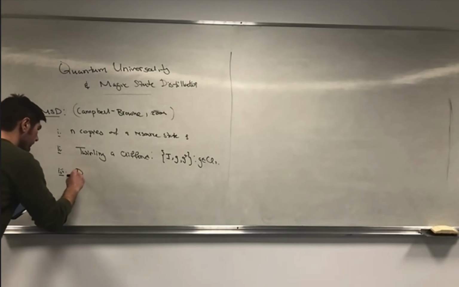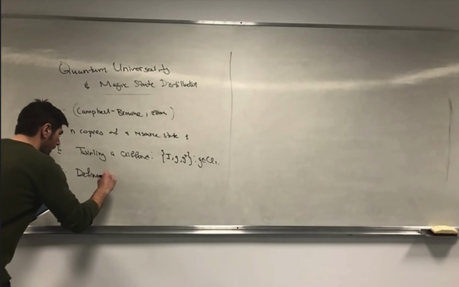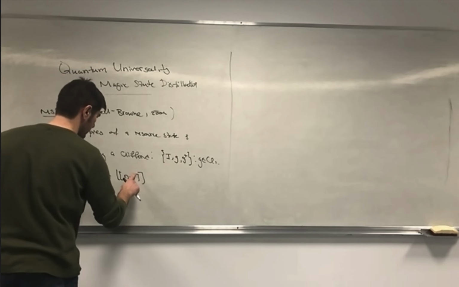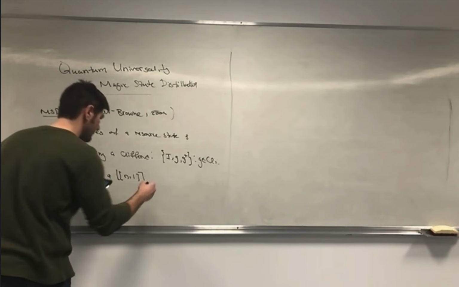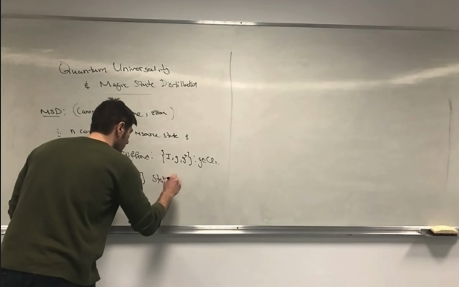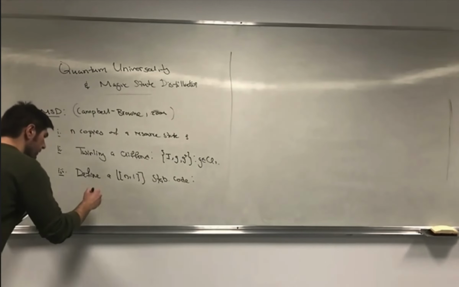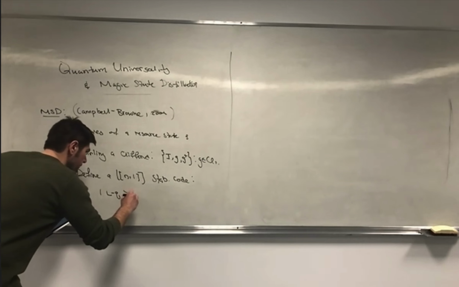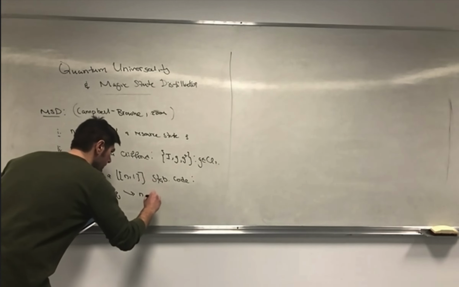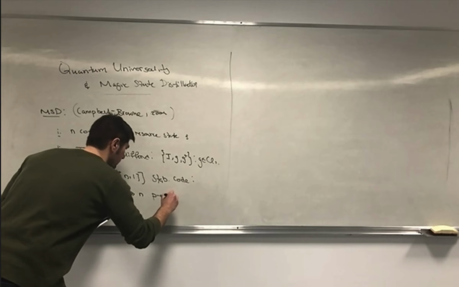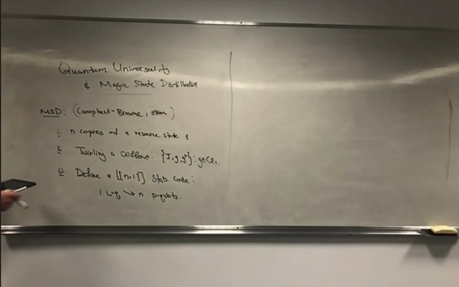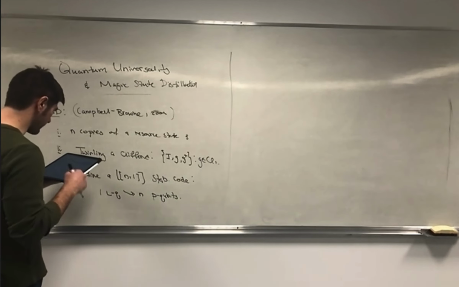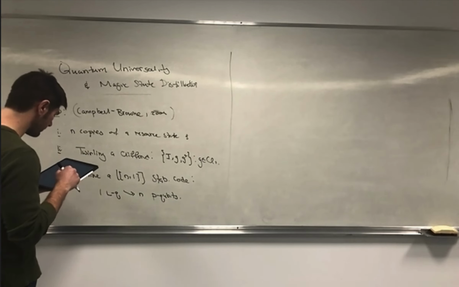Then you define an N1 stabilizer code. Essentially, you're embedding one logical qubit into n physical qubits. You have to define an appropriate stabilizer group, and so on and so forth, and we'll work with a concrete example.